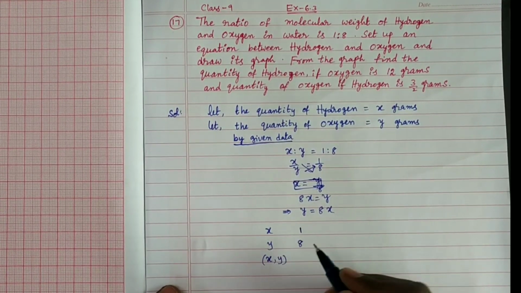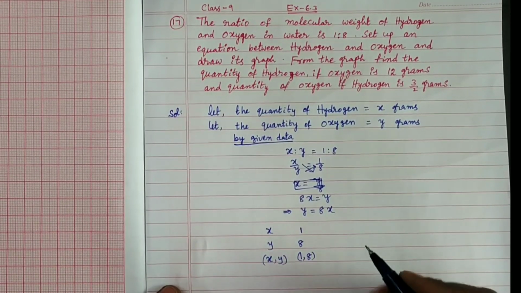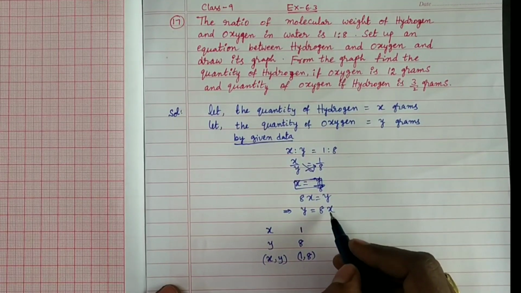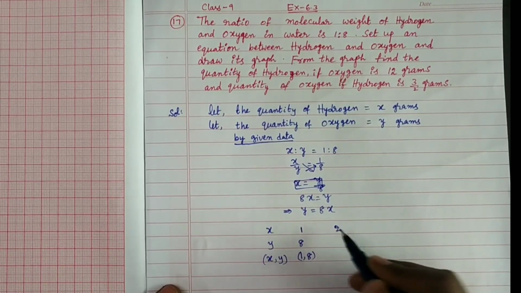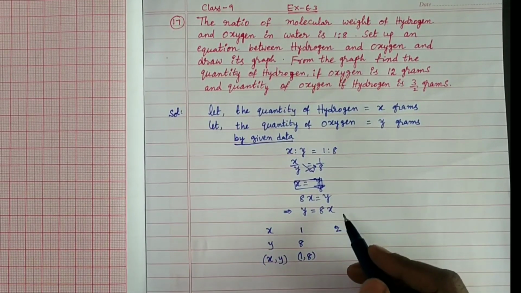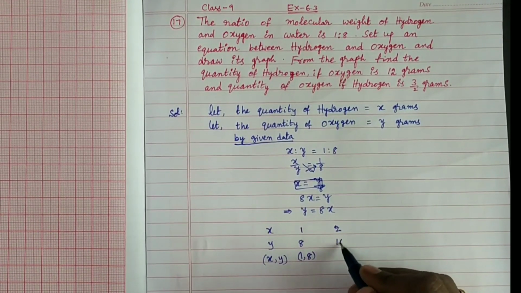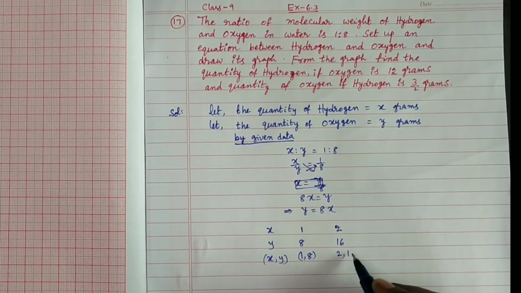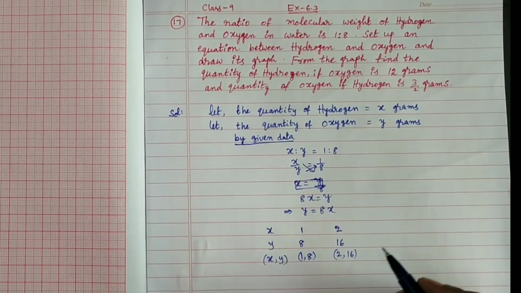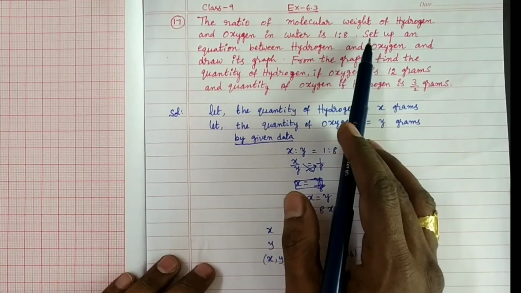So the y value is 8, and the point is (1, 8). Suppose we take 2 units. Substitute 2 in this equation, then 8 twos are 16. So it will be (2, 16).